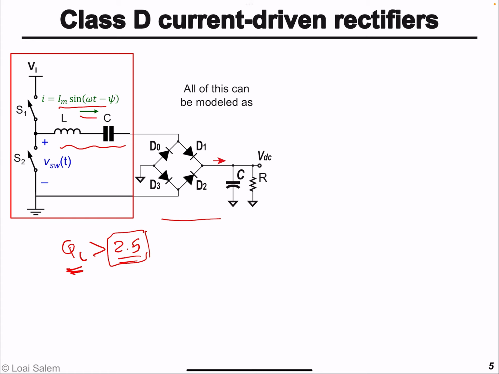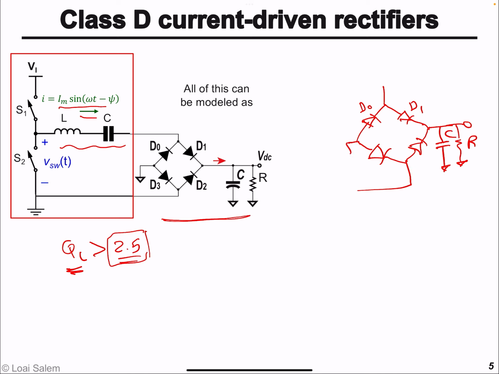This means if we sketch this part again, we have D0, D1, and so on.